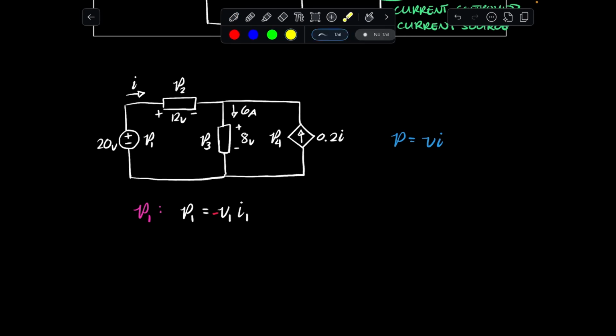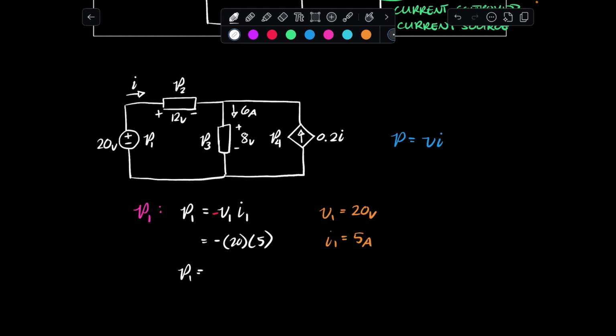It is given that V sub 1, the voltage across this element, is 20 volts. And I sub 1, we already know here, it's also given that it is 5 amps. Therefore, this is equal to negative 20 volts times 5 amps.